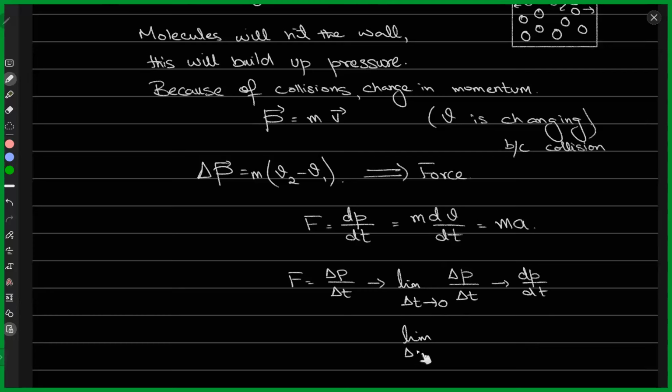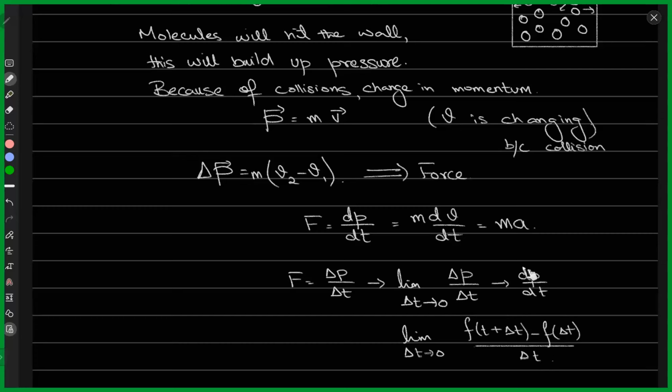something like this: delta t goes to 0, and some function of t, so it's function of t plus some delta t minus function of t, something like that. I don't really remember. I think it's more or less like this, and divided by delta t.